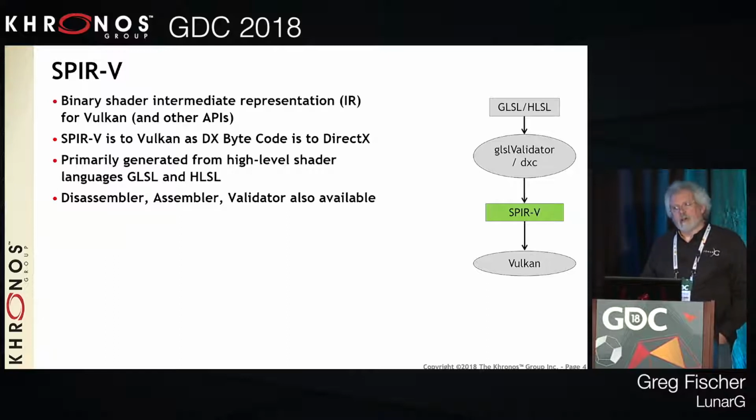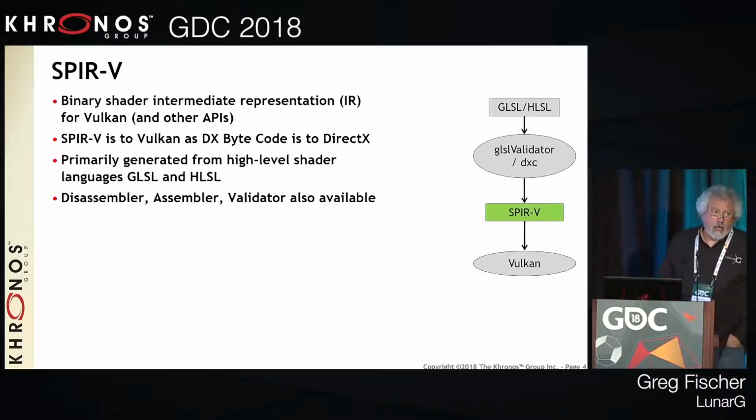SPIR-V is a binary format. It's primarily generated from higher level language shaders such as GLSL or HLSL. They are generated by using several different front ends. One is the glslang validator, which is part of the glslang project in Khronos.